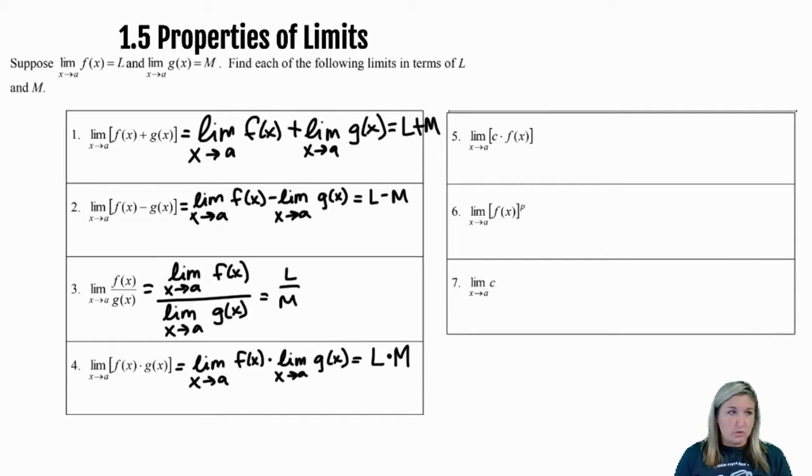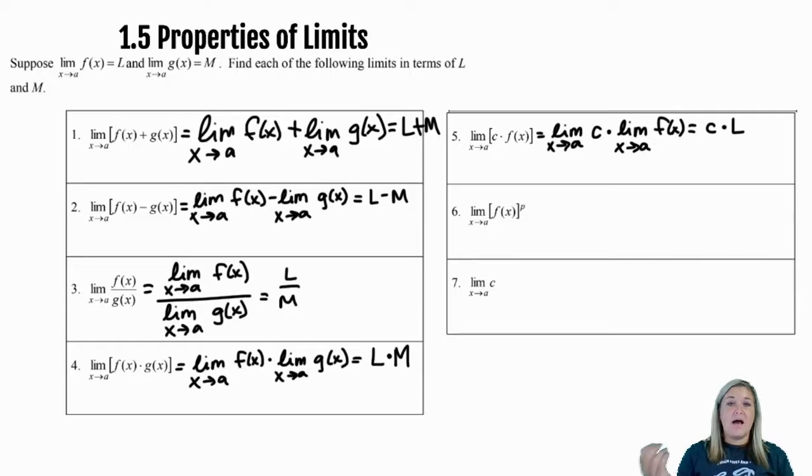So for this one, the limit as x approaches a of c times f of x: if c is a constant, it's just going to be c, multiplied by the limit as x approaches a of f of x. So it's just the constant times L.